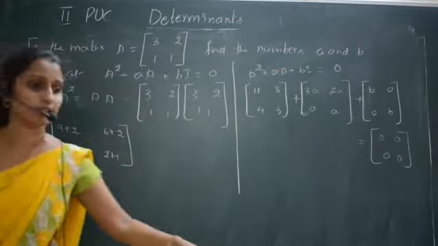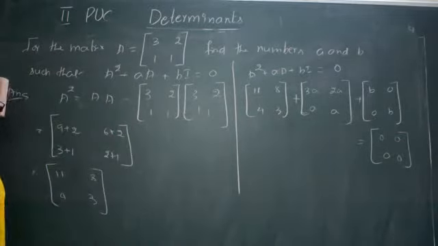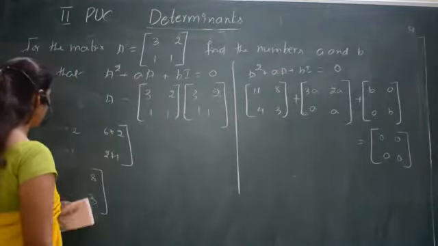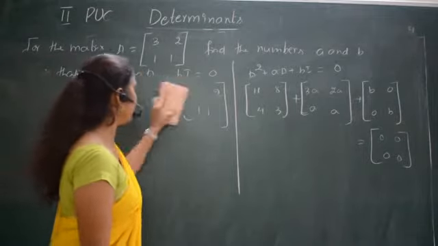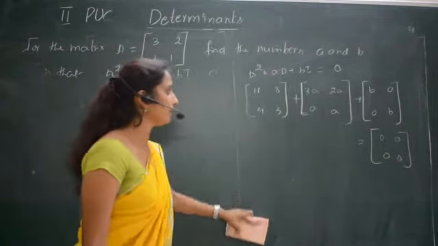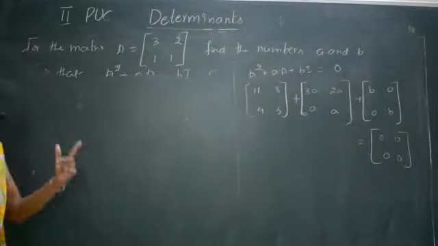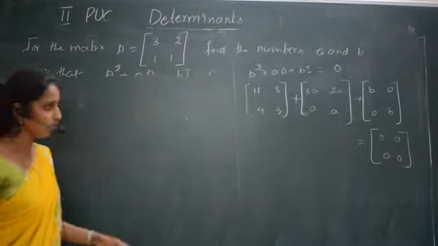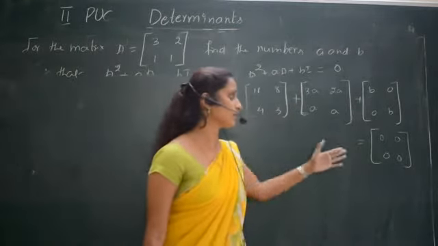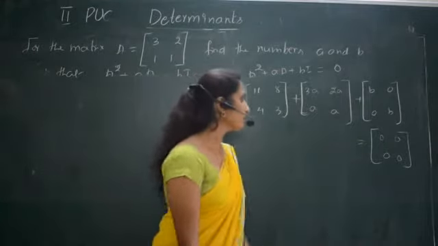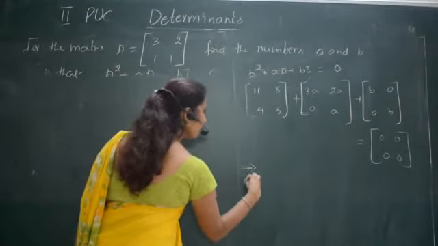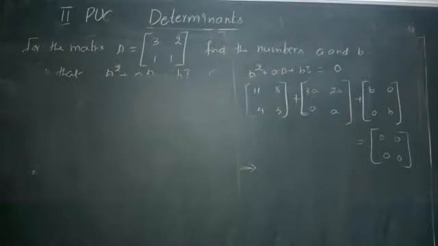Next, we have to find the values of a and b. The sum of these matrices is equal to the zero matrix, so this implies we can get the equations. We have to find out only the values of a and b.